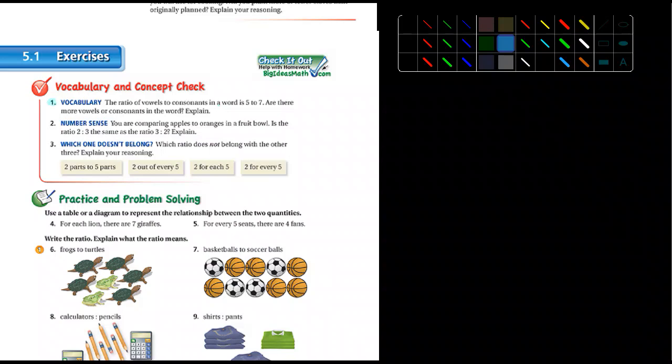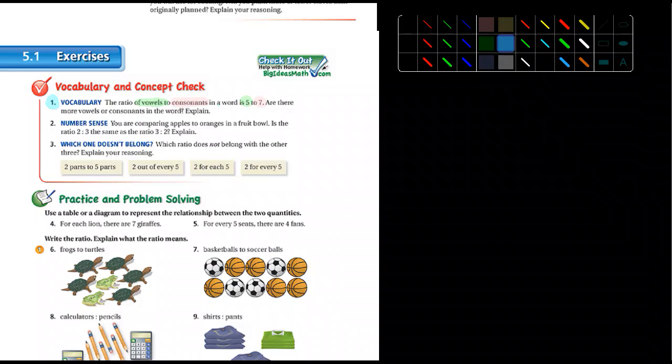So the order matters, because remember that the way they describe it, the ratio of vowels, so the first number is the vowels to consonants, and so the second number would be consonants. So you should be able to answer that question.